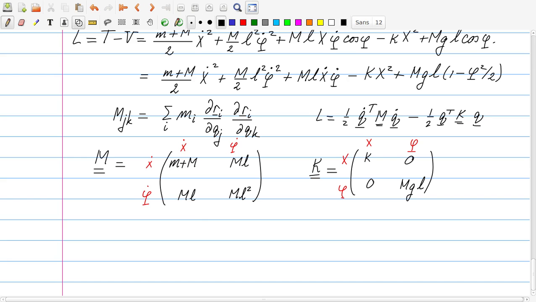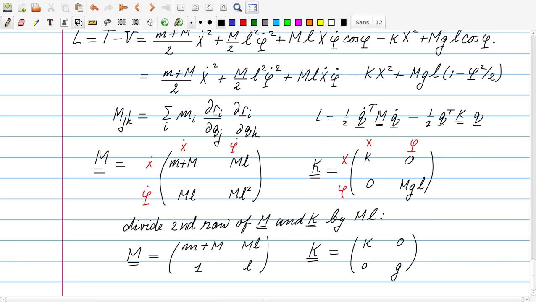Looking at this matrix, it is clear that we can divide the second row by ml, because that's present in all the elements. And then we have somewhat cleaner versions of the matrices. M has now a simpler second row and K as well.